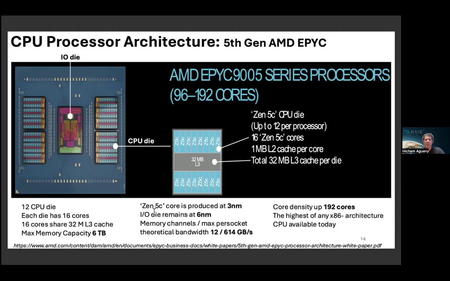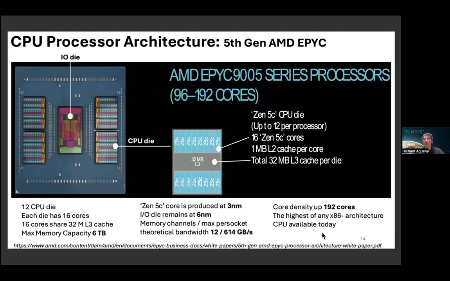This processor comes with 6 terabytes of memory and with 614 gigabytes per second of bandwidth. The core density of this processor is up to 192 cores.